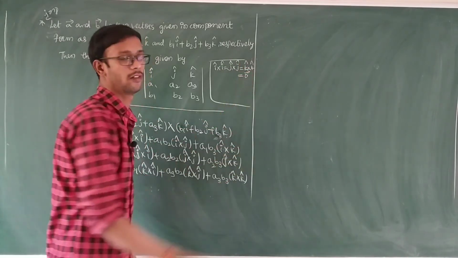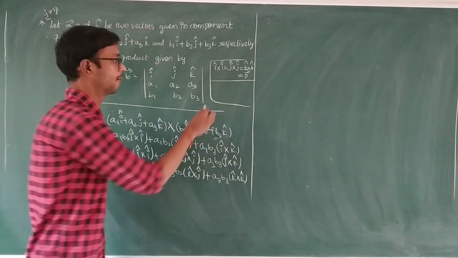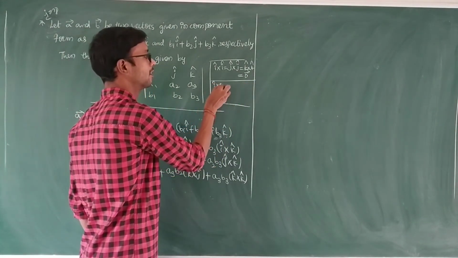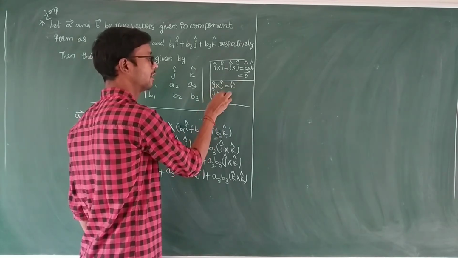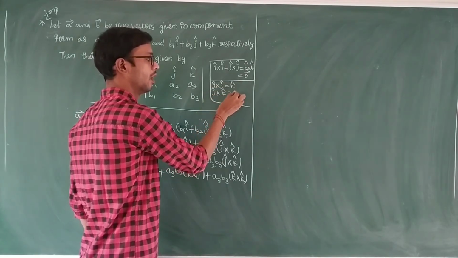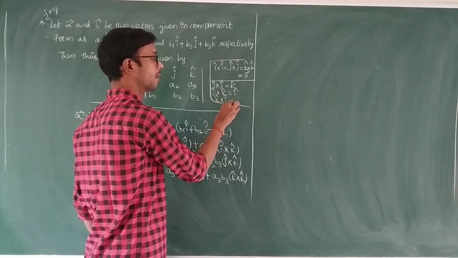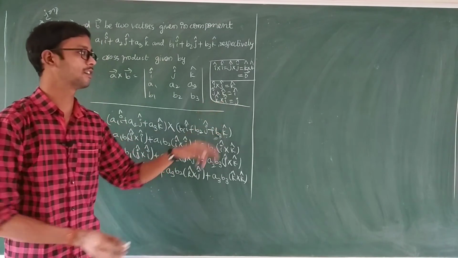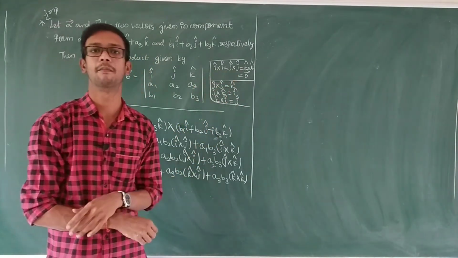We already know i cross i, j cross j, k cross k will be zero vectors. Next, i cross j is k cap, j cross k is i cap, k cross i is j cap. If reversed, j cross i is minus k cap.